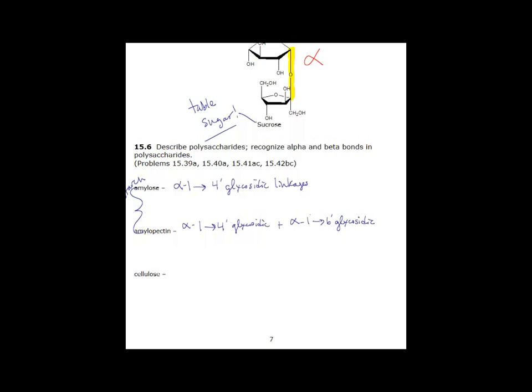So this 1,6 creates branching. Now, both of these have alpha linkages, amylose and amylopectin. So these are easily digestible.